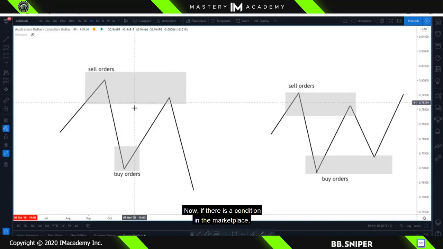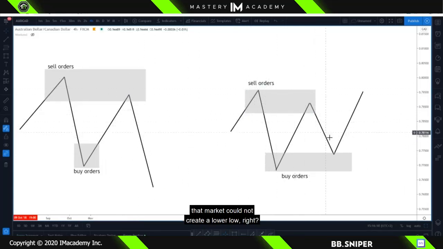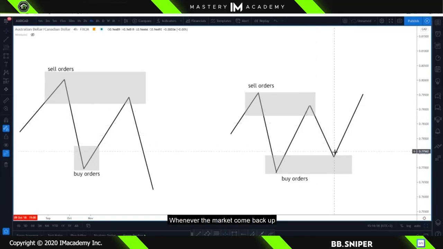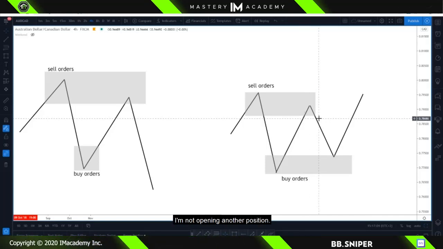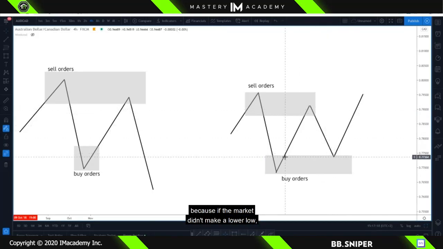Okay? Now, if there is a condition in the marketplace that the market could not create a lower low, right? Whenever the market comes back up to any institutional candlestick right over here, or any imbalances, or any mitigation candlesticks, right? I'm not opening another position, but rather controlling the order that I still have in the marketplace. And at least it should be on break even, because if the market didn't make a lower low, there's a high chance that the market is going to create a higher high, which is going to be against you, going for your stop loss.